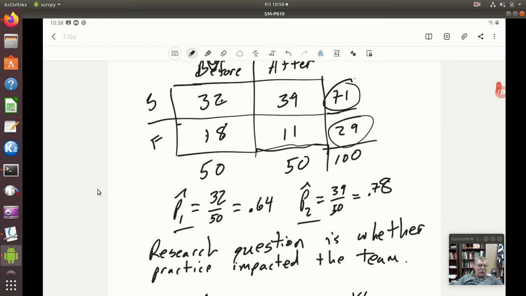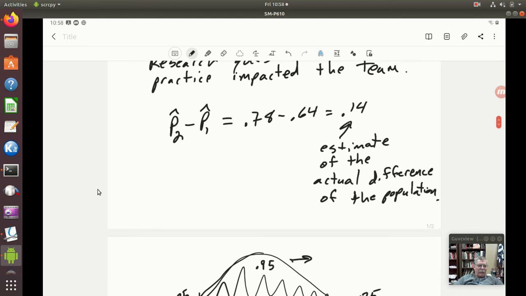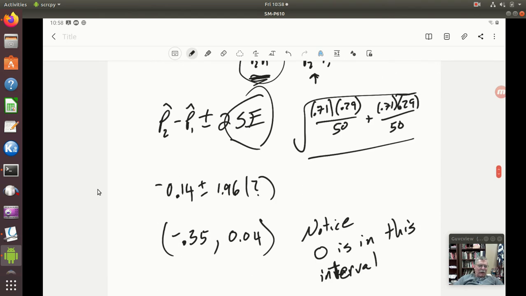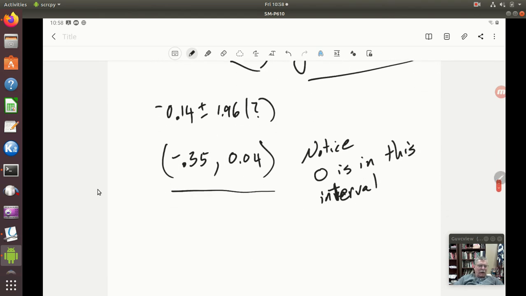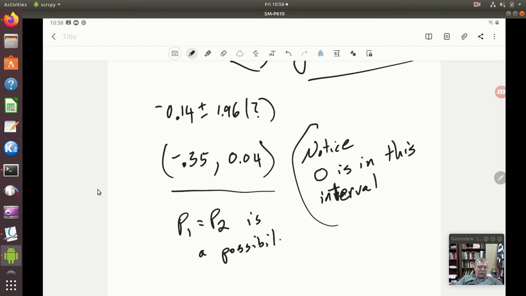Okay, so we'll get a p-value on that with a hypothesis test, but that's the idea of creating a confidence interval. And usually with the confidence interval, for this difference of proportions, we do try to notice whether 0 is inside the interval, because if 0 is in the interval, it would mean that P1 equal to P2 is a possibility.